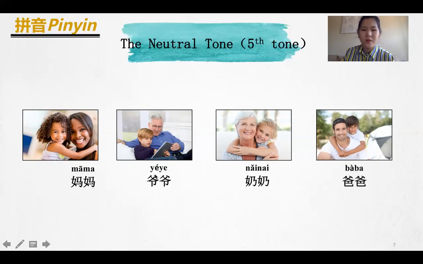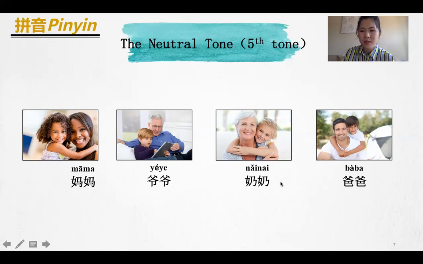爷爷, right? 爷爷. If it's all second tone, the sound will be longer. But if it's neutral tone, 爷爷, 爷爷. And then this one, grandmother, 奶奶, 奶奶, right? 奶奶.